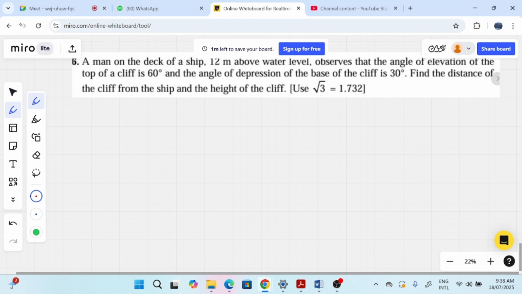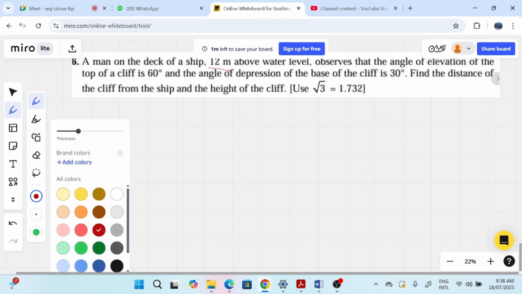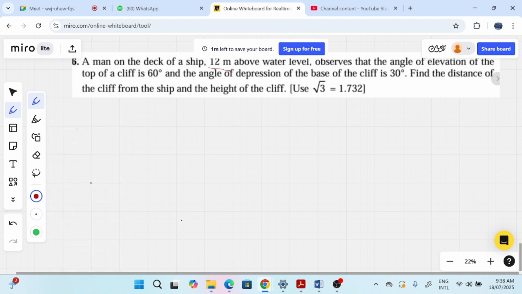A man on the deck of a ship 12 meters above the water level. First of all, let us make that 12 meters. This is 12 meters, which is above the water level. Observes that the angle of elevation, that means somebody is looking from here.